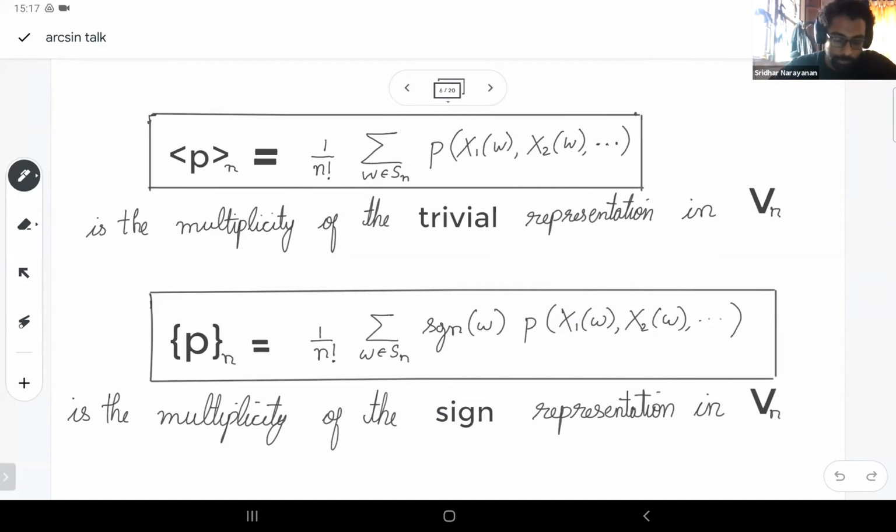Similarly, the sign moment is simply the inner product with the sign character, so we have the sign character contributing this first term. So the sign moment evaluated at n is the multiplicity of the sign representation in Vn.